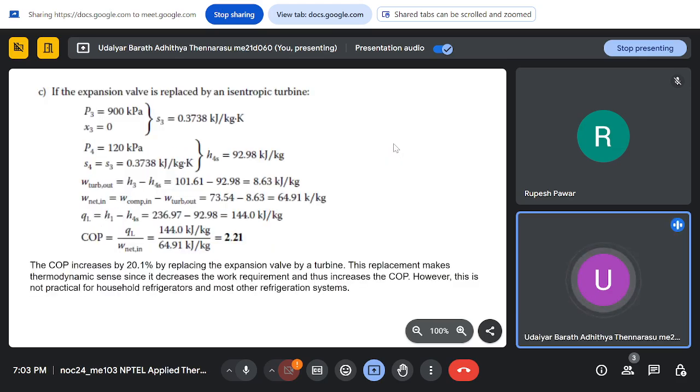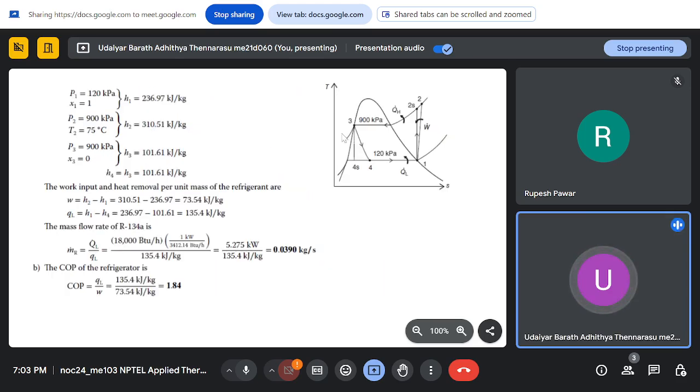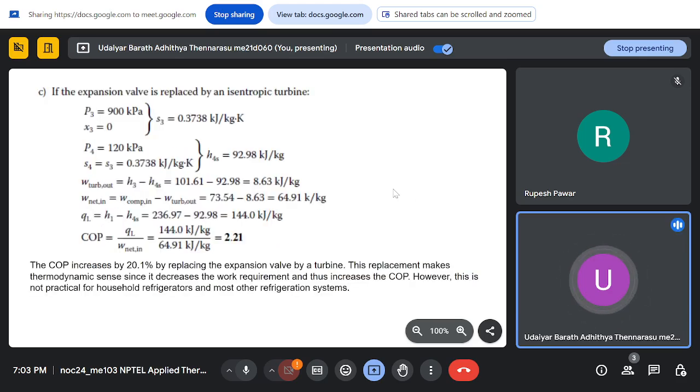So next we are replacing this expansion valve by an isentropic turbine. So what happens is, instead of 3-4, it now follows 3-4s. So this is the process now, 3 to 4s. The entropy will be the same, so we follow the constant entropy line.